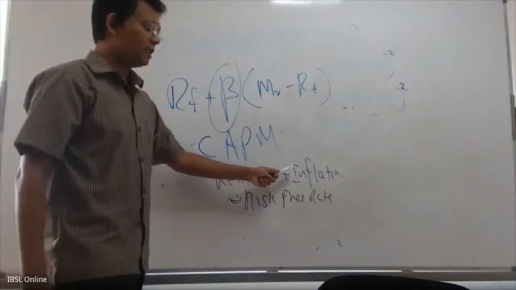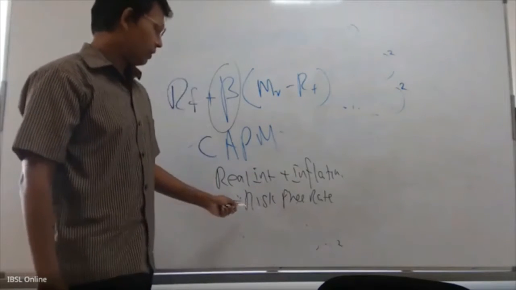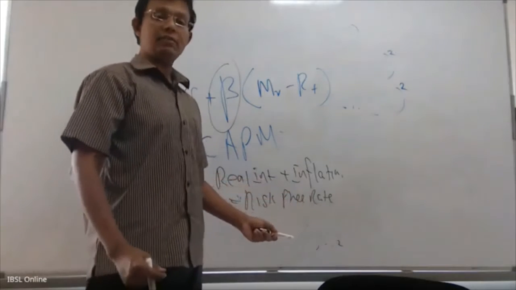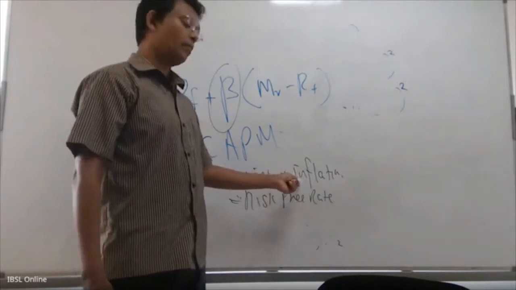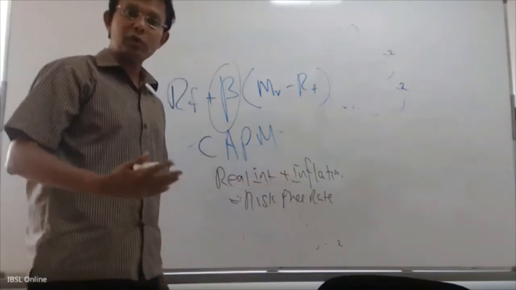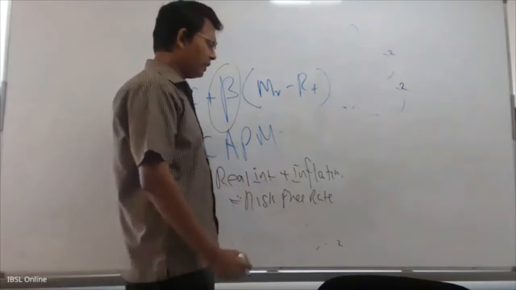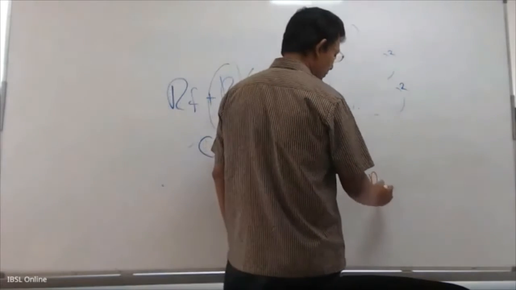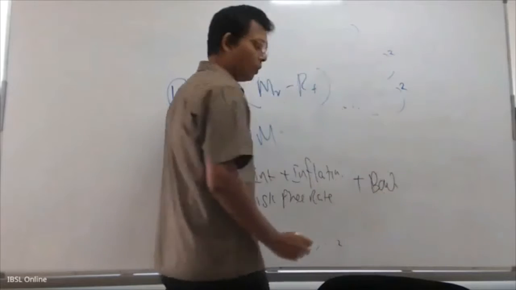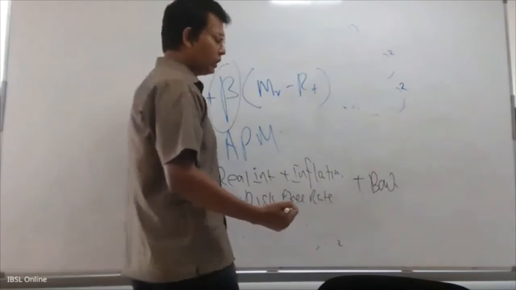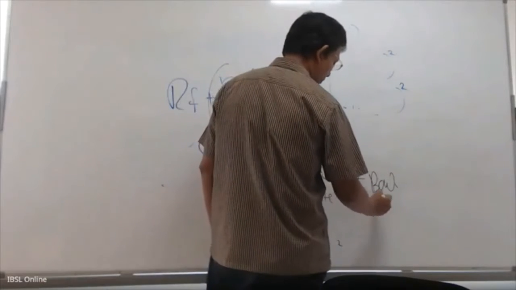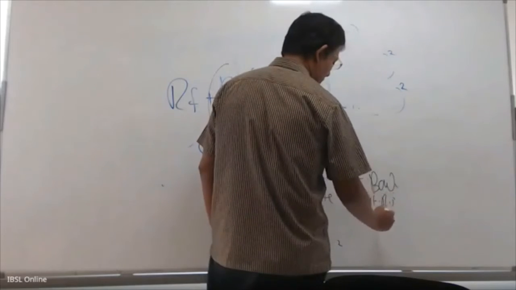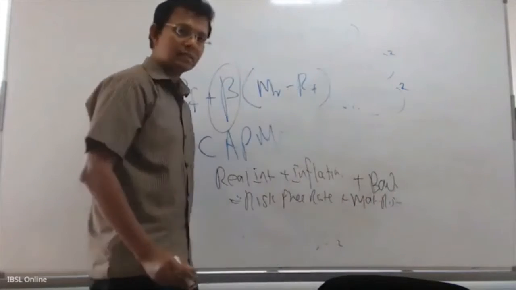The treasury bill rate is after adjusting for inflation. So how do you convert the treasury bill rate into the treasury bond rate? Only by adding the maturity risk premium.